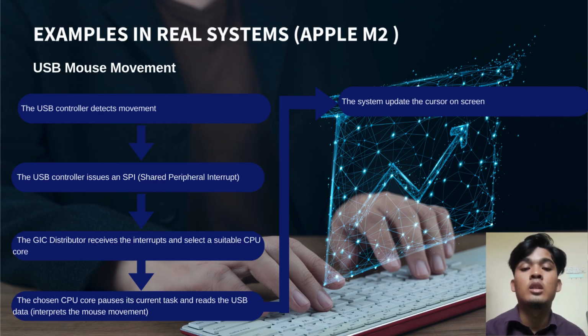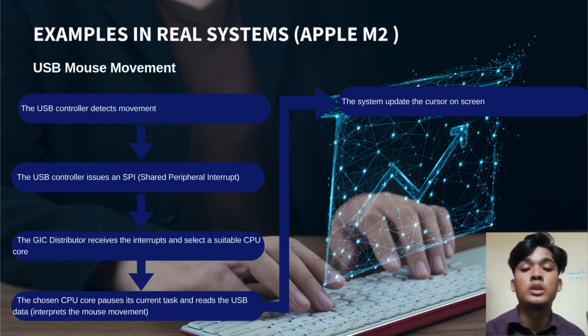This SPI directly goes to GIC distributor. The distributor's job is to receive and quickly determine which CPU cores are suitable to handle this mouse event. Once a core is chosen, the CPU will pause its current task and immediately read the USB data and interpret it as a mouse movement. And finally, based on the interpreted data, the system updates the cursor on your screen, giving you real-time feedback of your mouse movement.